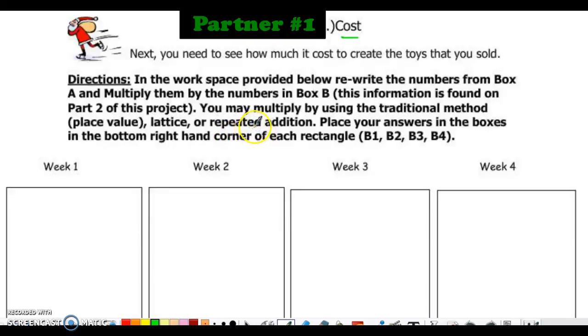However, you need to make sure it is correct because I will be checking to make sure that all of the math is correct, and you will be scored to see if you're multiplying correctly. Once you have multiplied using any of those ways, you are going to place your answers in the bottom right-hand corner of the rectangle. Let me actually show you exactly what it's going to look like.